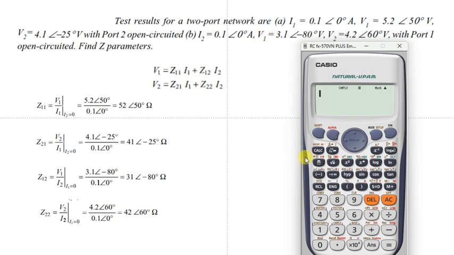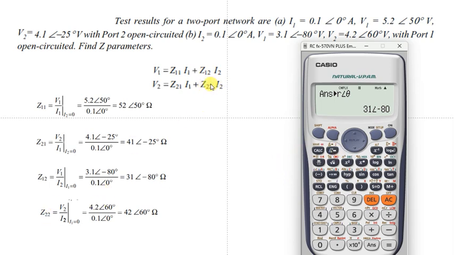V1 value is 3.1 angle minus 80 divided by 0.1 angle 0. Get this much, 5.3 minus 30i. This you have to express in the third option. We'll get 31 angle minus 80 ohms.